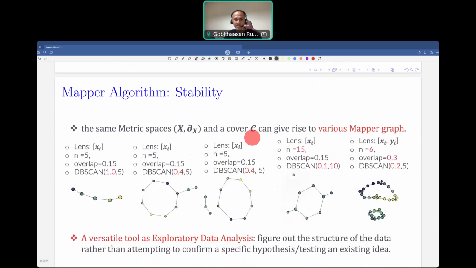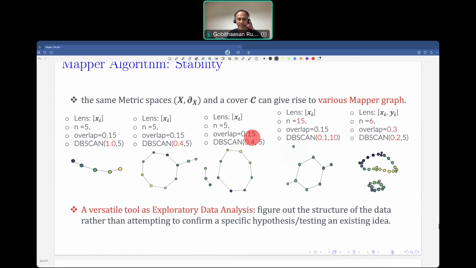Yeah, so these are different settings altogether. A different lens: the last one I'm using both X and Y. The rest is the same lens, X, X, X. So I'm also controlling different intervals here. For example, I use different intervals, different overlaps. For DBSCAN, I'm using different settings. You can, in fact, use a different clustering algorithm altogether as well.